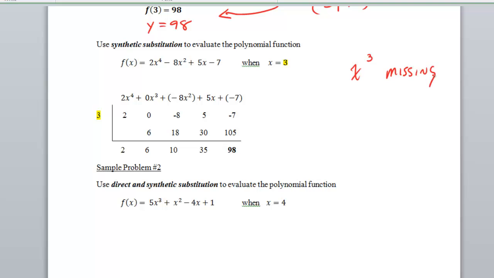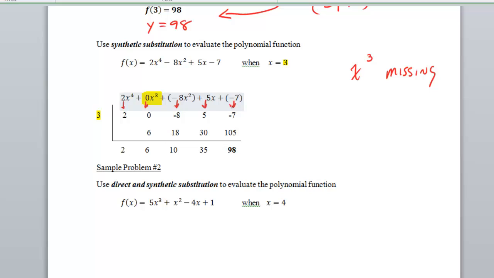Well, in order for synthetic substitution to work, it has to be in there. And so when it's not there, we give it a coefficient of 0. Once we write this in standard form, which is required for synthetic substitution, we have everything lined up. We just simply are going to take all of the coefficients with their signs and drop them into this little situation here.